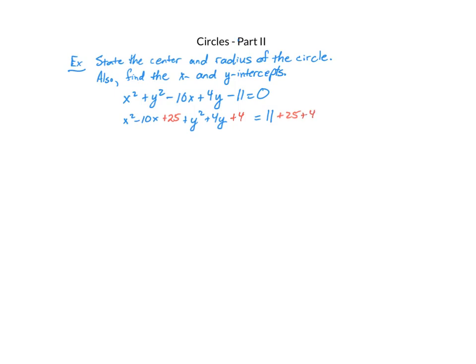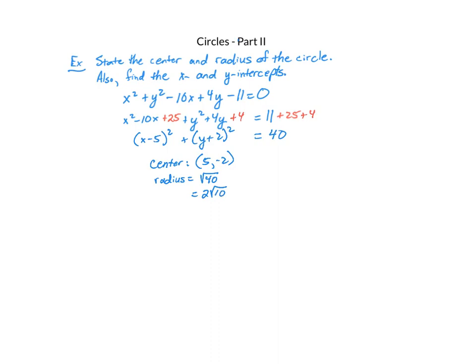So our equation becomes x minus 5 squared plus y plus 2 squared equals 40. So let's state our center. Our center is 5, -2. And our radius will equal the square root of 40, which we know we need to simplify, and that makes it 2 square root of 10.